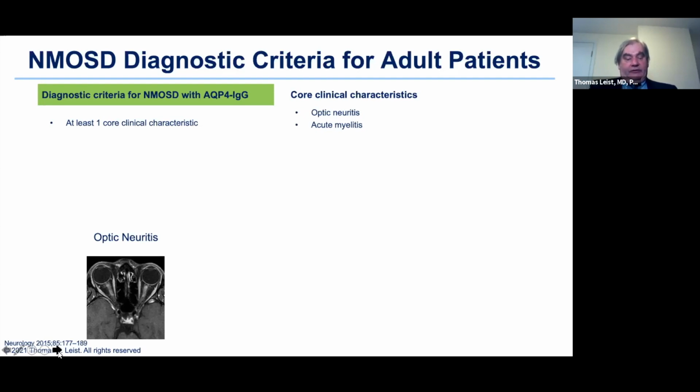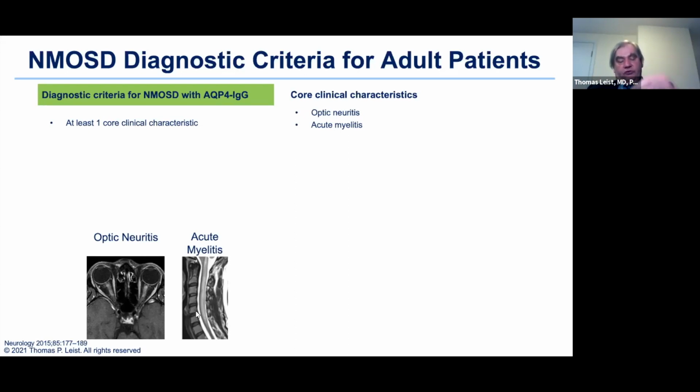Acute myelitis, this is involvement of the spinal cord. In contrast to the involvement of the spinal cord in multiple sclerosis, in neuromyelitis optica, the involvement is often longitudinal, so it spans multiple vertebral body lengths throughout the spine.